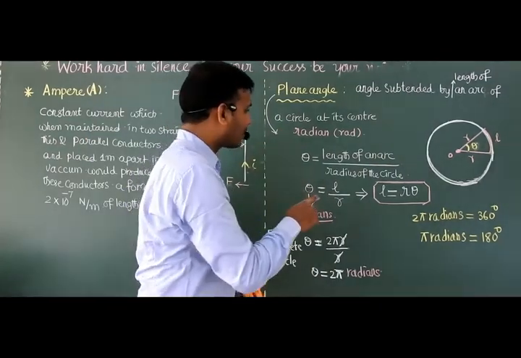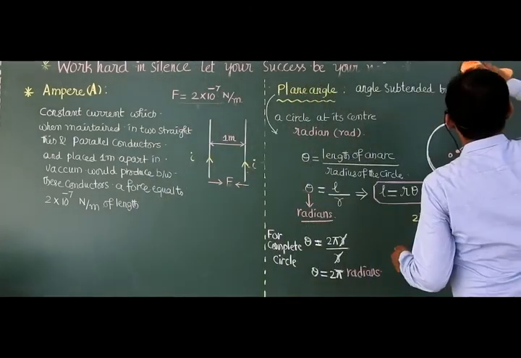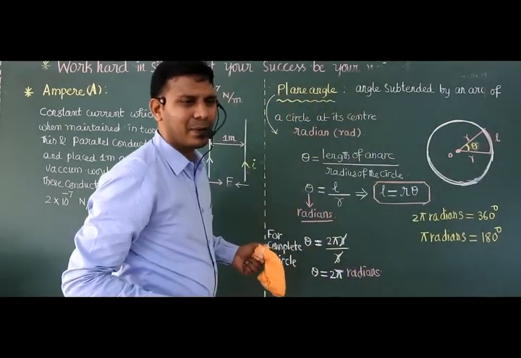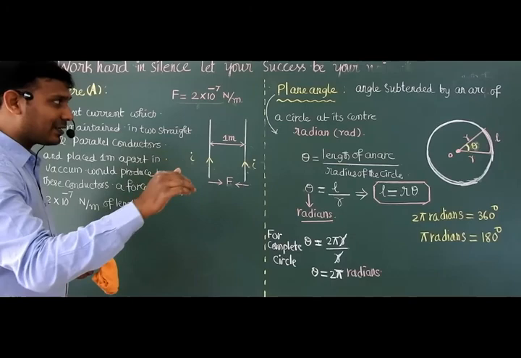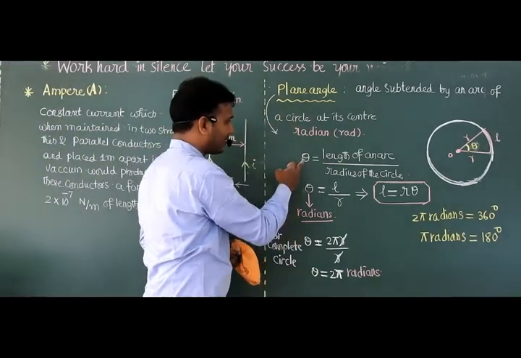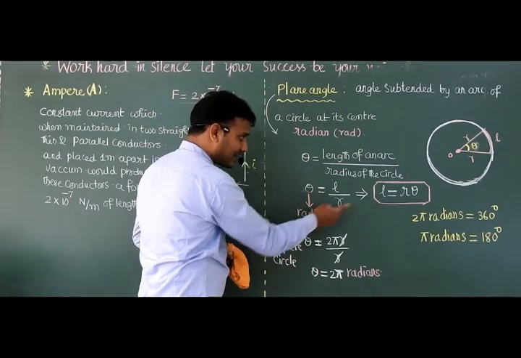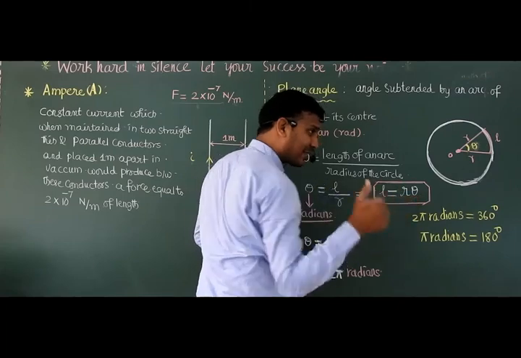So plane angle is nothing but the angle subtended by an arc of a circle at its center. You need not write length also. It is denoted by theta. SI unit of theta is radians. Here L is equal to r theta, where theta must be in radians.